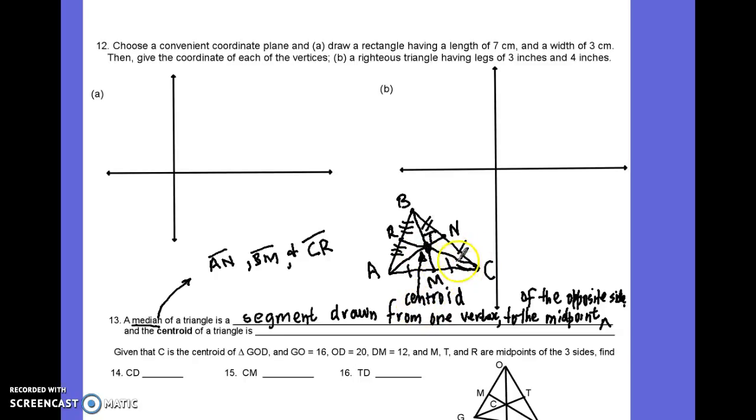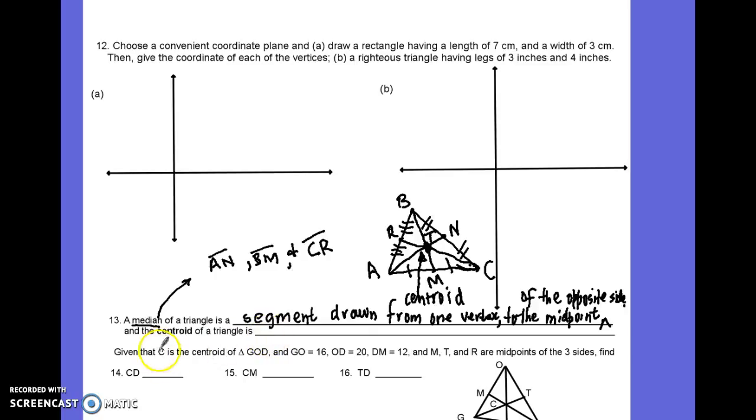Special feature, and let's take a look at what that means. The distance from T to C, the longer segment of median RC, is going to be twice the distance from R to T.